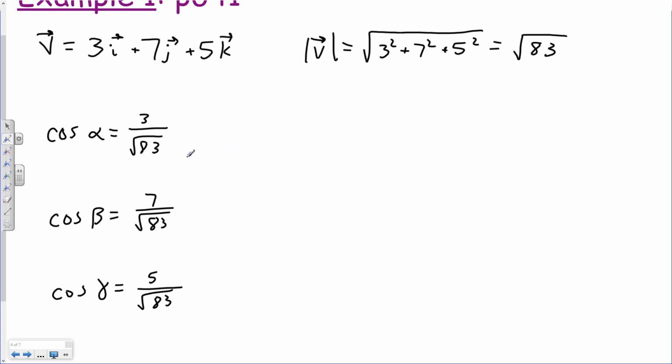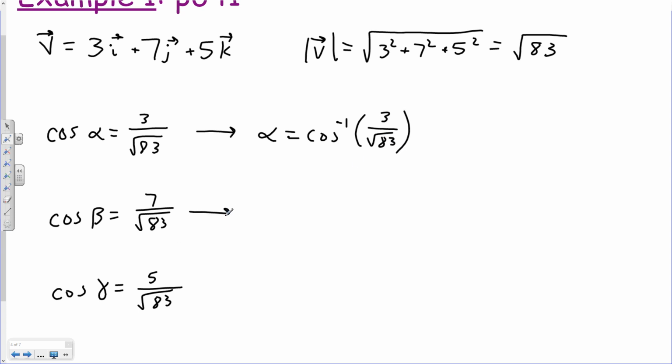If we're given the vector in component form, we can come up with those direction cosines pretty quickly. And then to find the direction angles, we just have to solve for the angles. So I just have to take the cosine inverse of all these. Alpha is going to be the cosine inverse of 3 over the square root of 83.